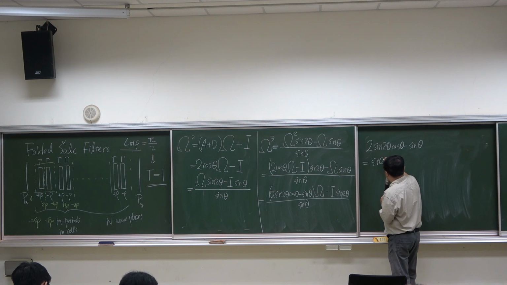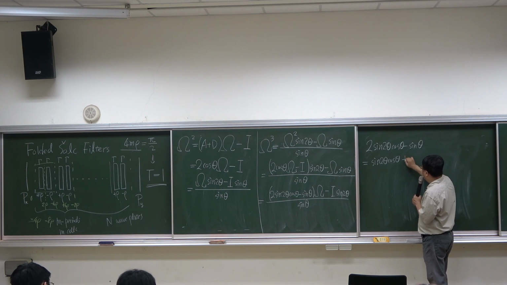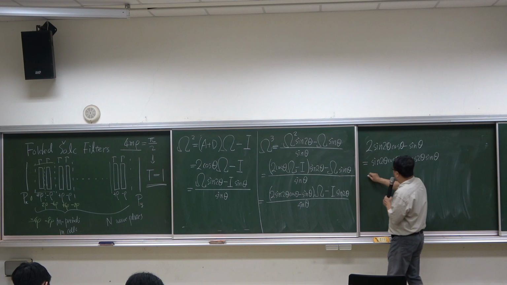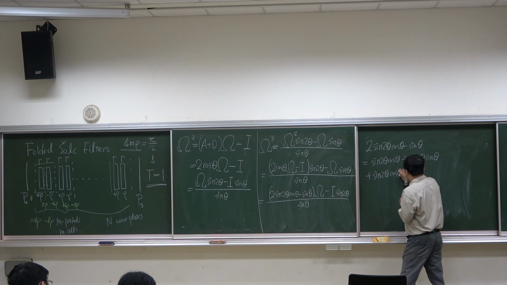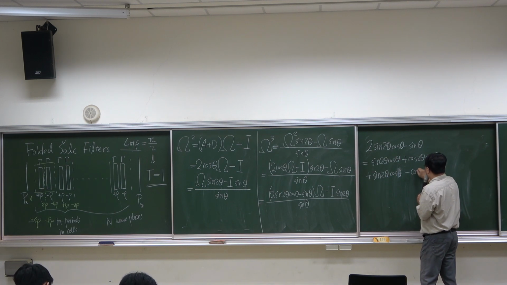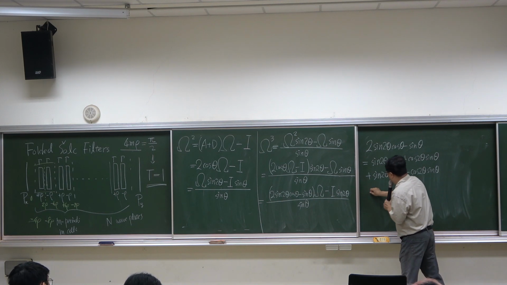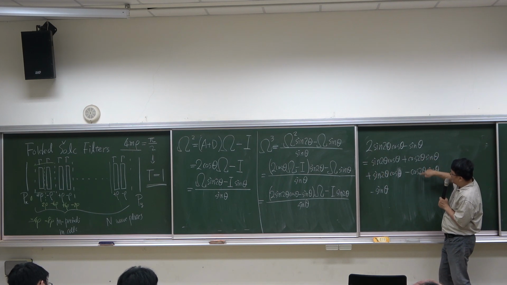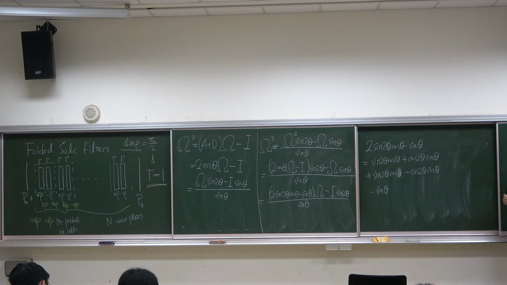Suppose I write this as this, plus cosine 2 theta sine theta, plus sine 2 theta cosine theta, minus cosine 2 theta sine theta, and minus sine theta. These two terms cancel each other, and the sum of them gives us this 2 sine 2 theta cosine theta.